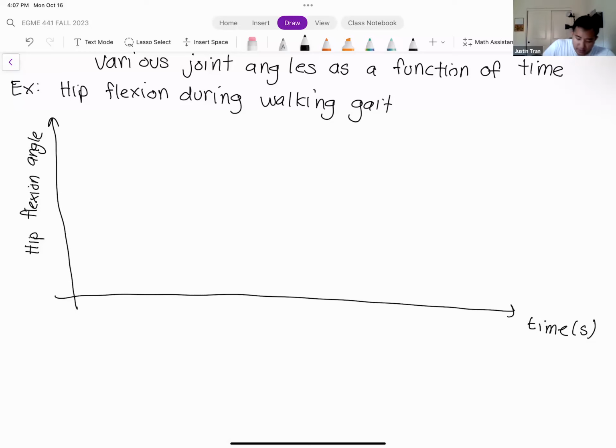As a person is walking, let me go ahead and draw you a figure. The hip flexion angle would be this angle right here. The hip flexion angle is the angle of the hip joint, which is the angle between your thigh and your pelvis. We're basically measuring that as a function of time.